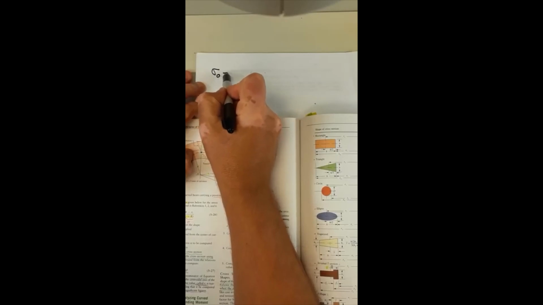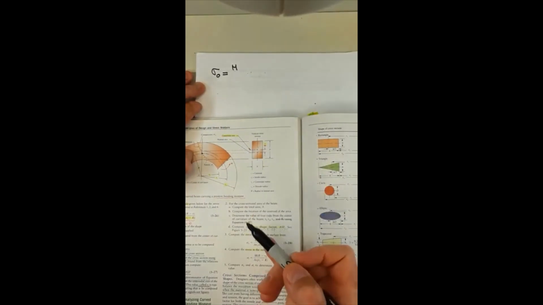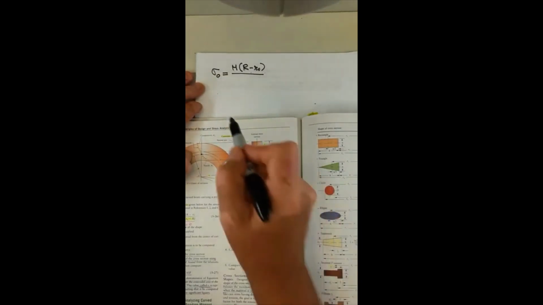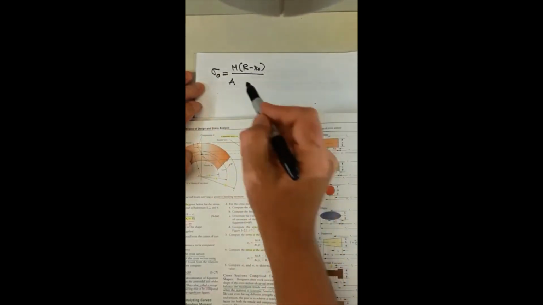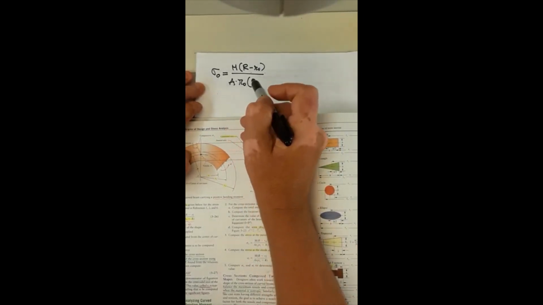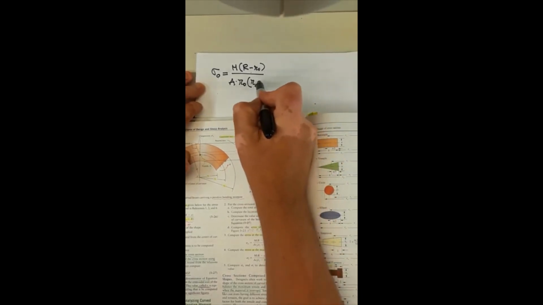Sigma out is going to be M, I'm copying the equation from the book, R minus R outer over area of the cross section times outer radius, and then I have the centroidal radius minus capital R, the radius from the center of curvature to the neutral axis.